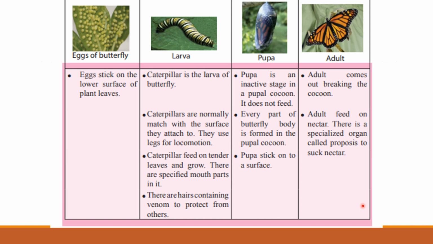So there's no competition for the food within the life cycle of the organism. And also the habitats are different. So the competition for food and habitat is reduced by having these four different stages in the same life cycle.